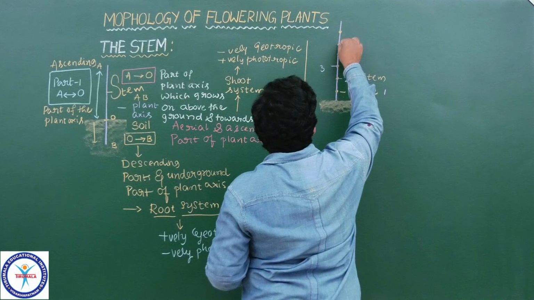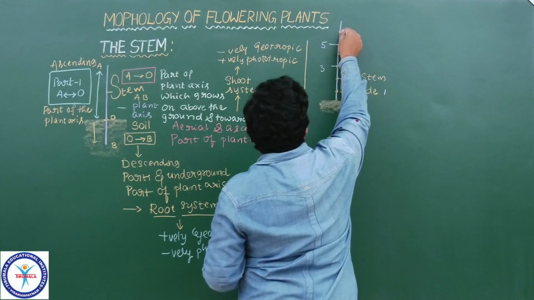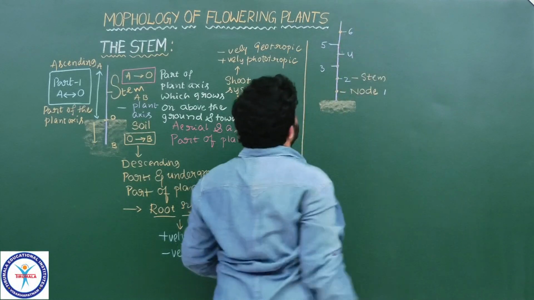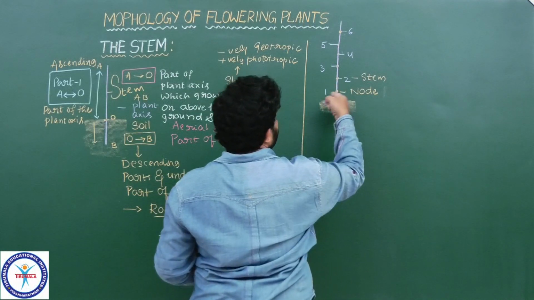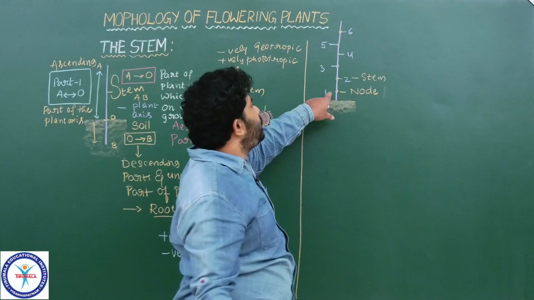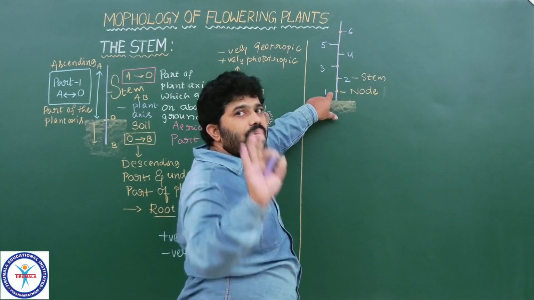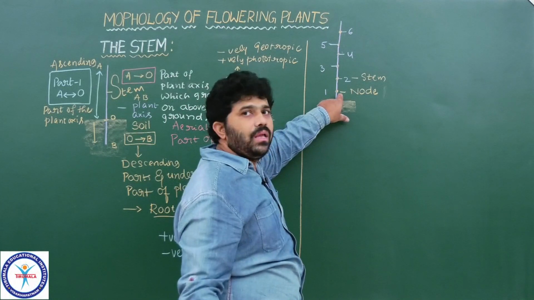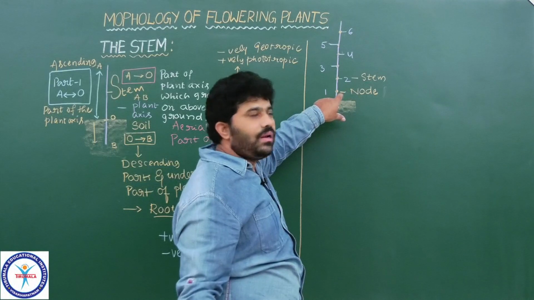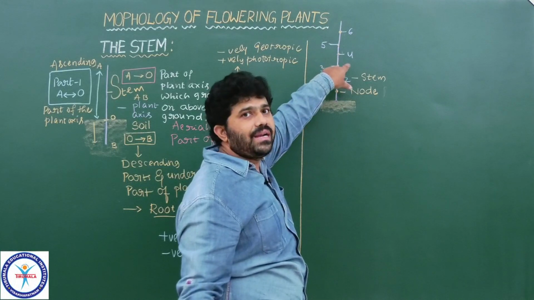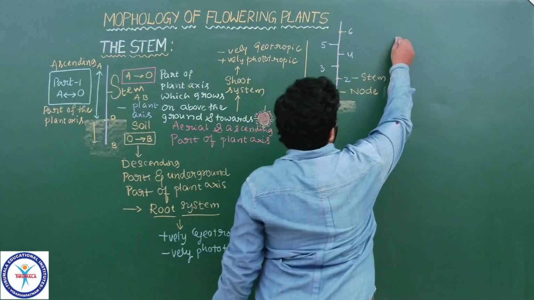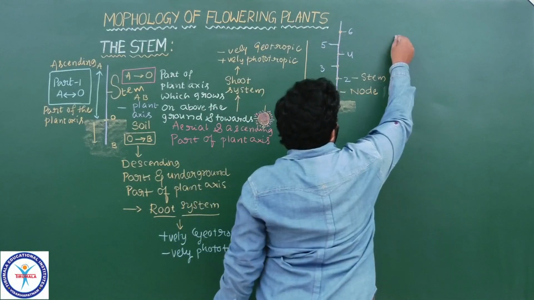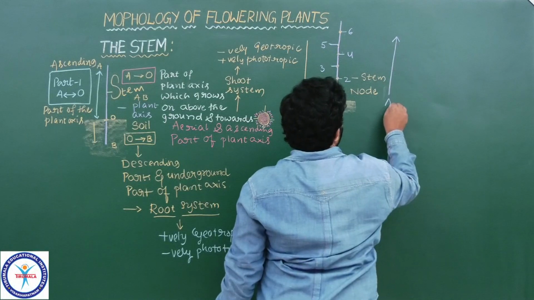So it is node 5, node 6, like that it continuously increases. Node 1 is the first node, so the first maturity we see is in this node. Whatever organs develop from the nodes are first formed at node 1, later at node 2, later at node 3. Continuously they develop in acropetal manner. In which manner are they increasing?